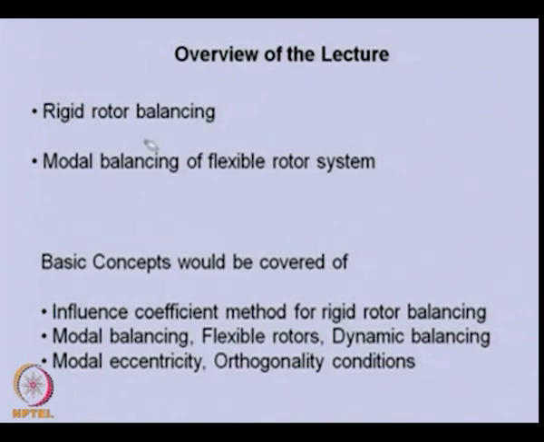Then we will outline the modal balancing procedure, especially for flexible rotor balancing, and various terminology and concepts like influence coefficient for rigid rotor balancing, modal balancing, flexible rotor, dynamic balancing, modal eccentricity, and the orthogonality condition of the eigenvalues of the rotor system. These are the things we will be covering in this lecture.